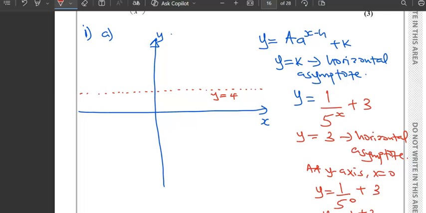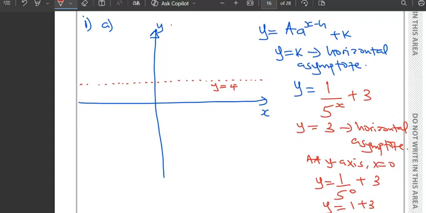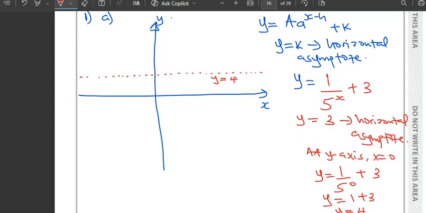Now we are supposed to sketch the curve. Already we've identified where the curve is going to pass through along the vertical axis. The curve is passing through the point (0, 4).